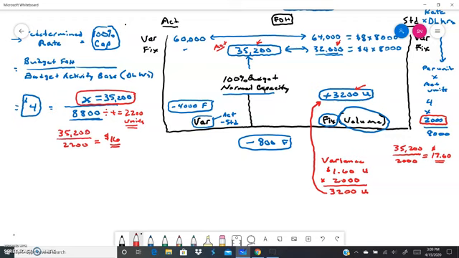So the problem is that we were allocating $4 per direct labor hour, but that was assuming we were going to incur 8,800 hours, and then that would fully absorb the $35,200. But at $4 an hour, we only absorb $32,000 in our products. There's still an extra $3,200 left over. That has to also be absorbed into our products. So it has to go back in, and that's why that $4 rate is not enough to get all of those costs into our products.